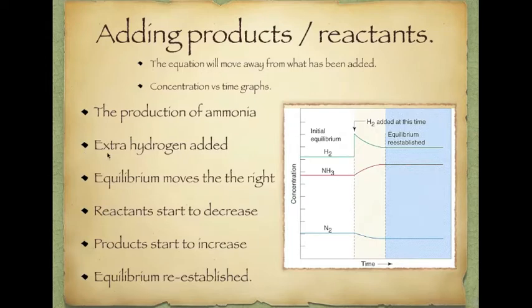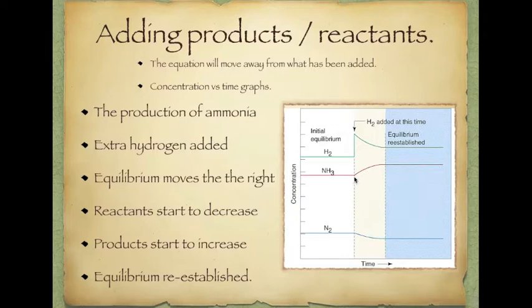If we add hydrogen to it, hydrogen is one of our reactants. What we expect to see is a reaction moving towards the right, where we have more ammonia being produced, and obviously the reactants decreasing in concentration. So add hydrogen, it initially increases, so straight away a spike of hydrogen, and then slowly a decrease in hydrogen as the reaction moves towards the right, proceeds forwards.